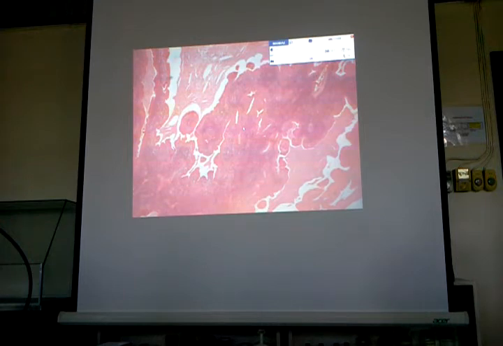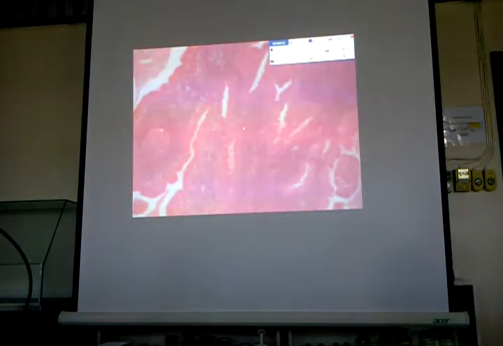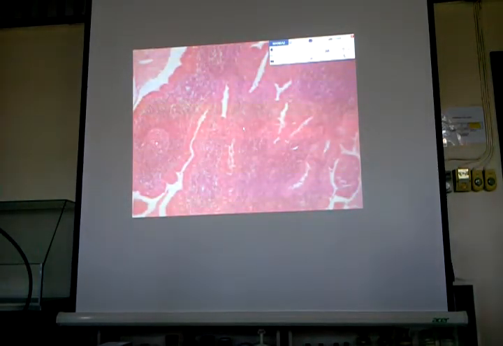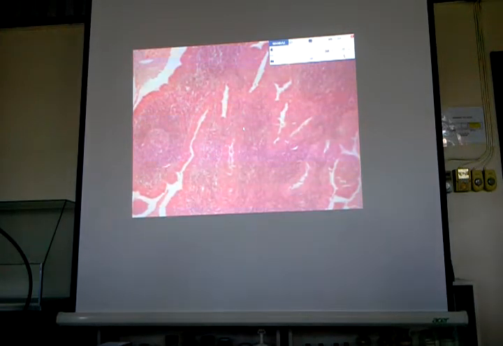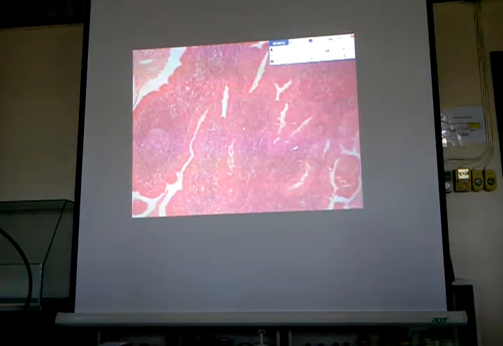How do you call that structure? Histology. How do you call the central pale portion? Germinal center. And then, collectively, the entire thing is called a lymphoid follicle or lymphoid nodule. Okay? So that is one component of this neoplasm.